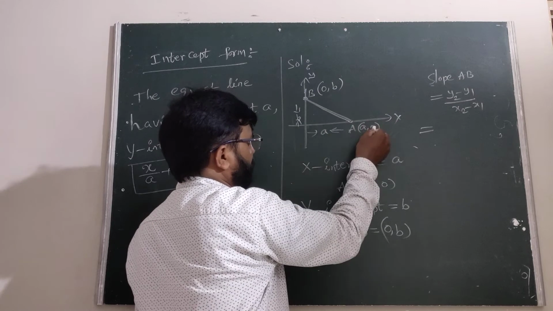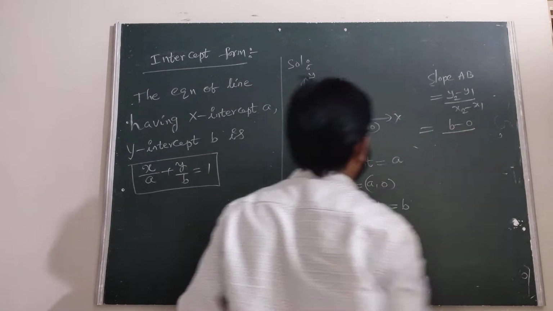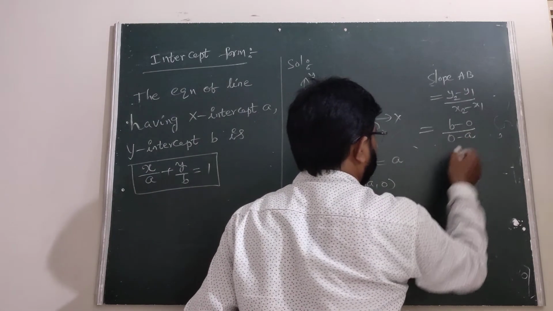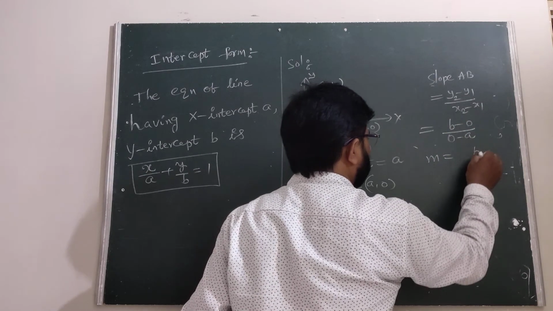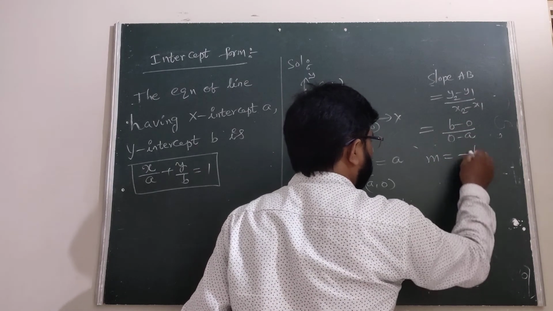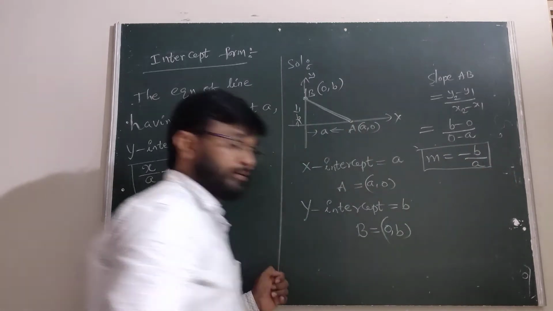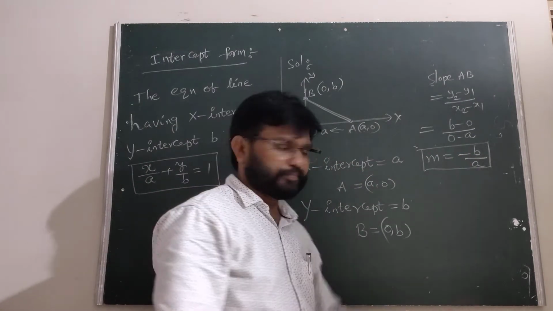Y2 minus y1, the ordinates difference, is b minus 0 upon 0 minus a. Therefore slope m equals b minus 0, which is b, upon minus a. The slope of AB is minus b by a.